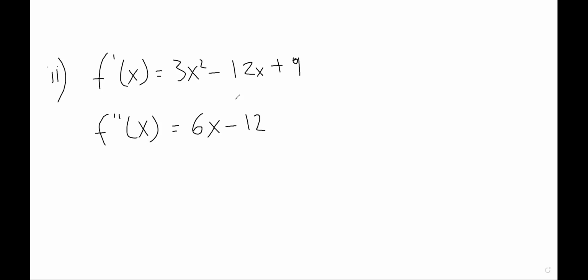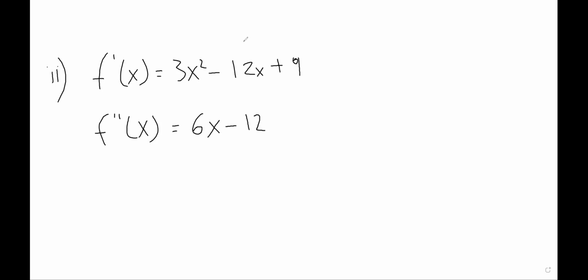So to find our local maximum or our local minimum, we need to substitute the x values that we got from our stationary points into our f double prime differentiation, right? We need to substitute those values and then determine if they're greater than or less than 0, right? So from our previous question, we worked out that x is equal to 1 and x is equal to 3, right?